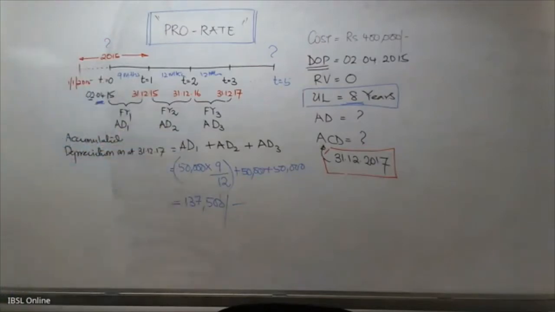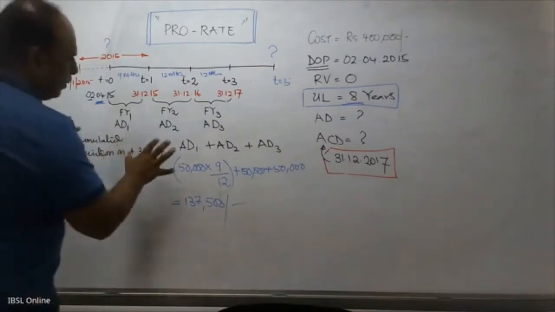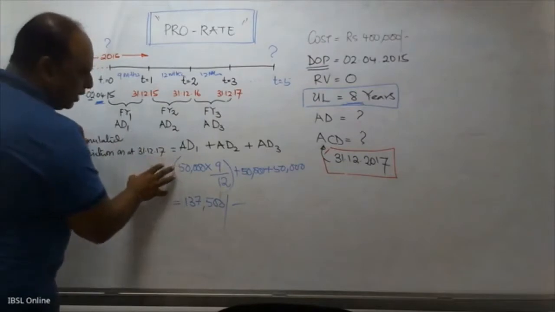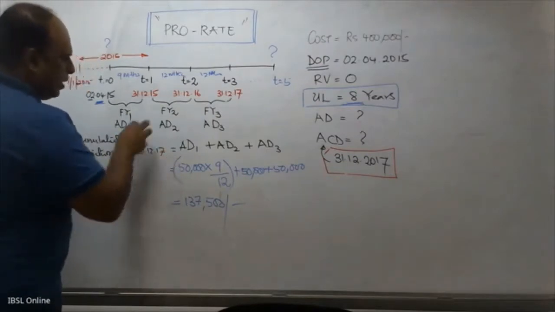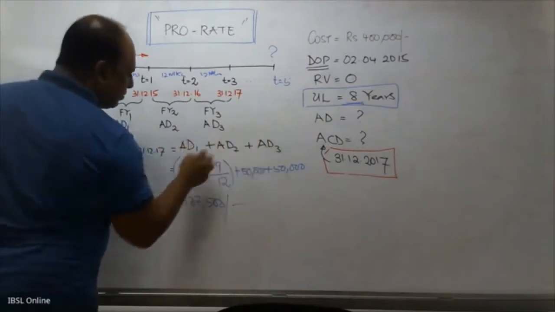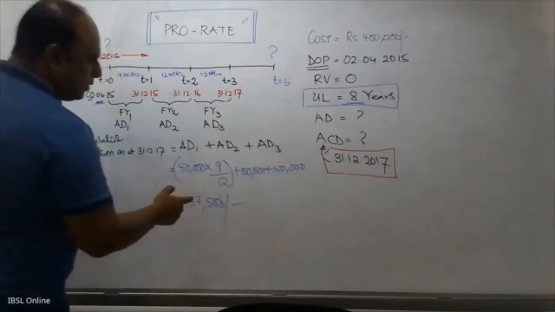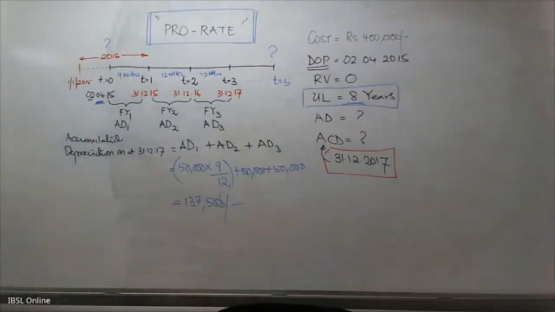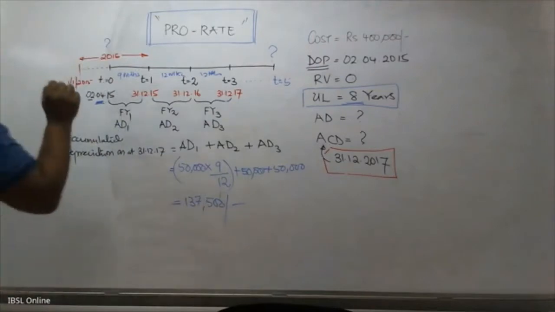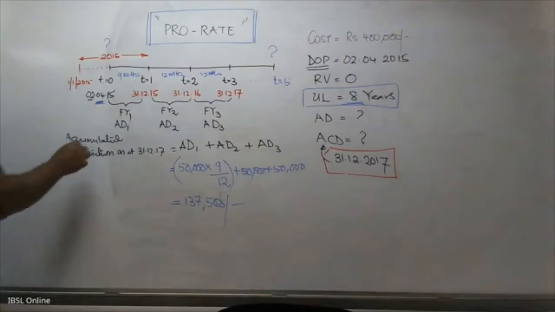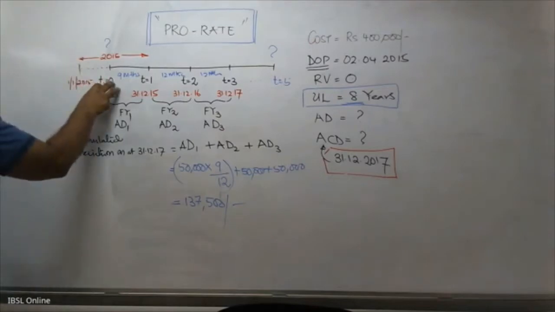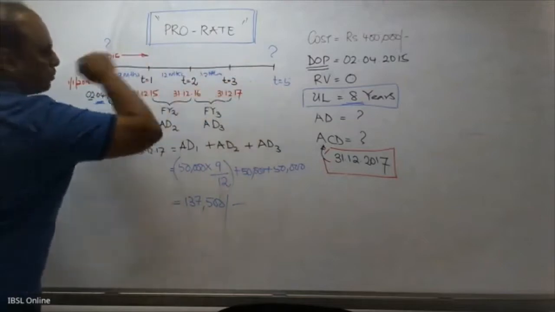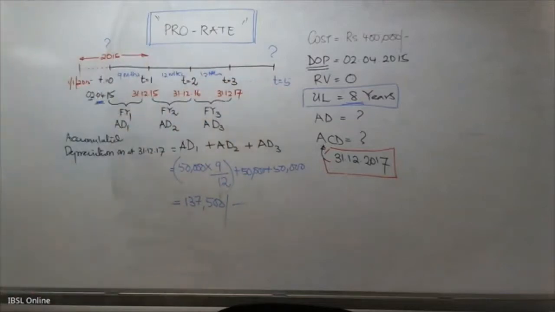Prior to doing this, before applying the prorate convention, what we did initially was we calculated 50,000, 50,000, 50,000, and we took the total, which is 150,000. So that is correct when the policy is full depreciation in the year of purchase and no depreciation in the year of disposal. Okay? That is one situation.